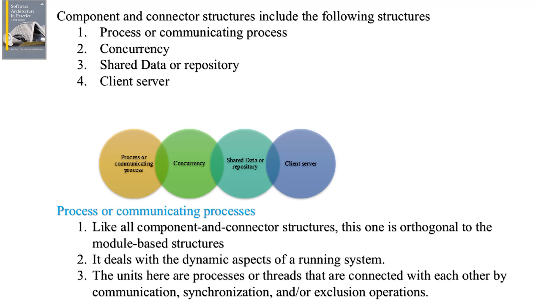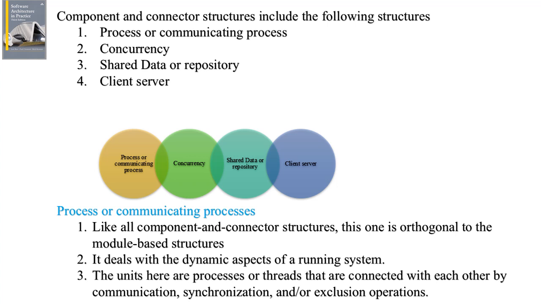The first one is process or communicating process. Like all the structures in the component and connector structure, it is orthogonal to the module based structures. It deals with the dynamic aspects of the running system. During a dynamic process, if it wants to send or receive some data, this will deal with it.